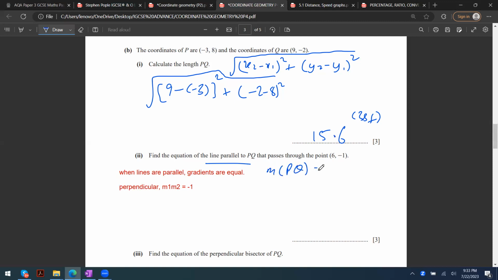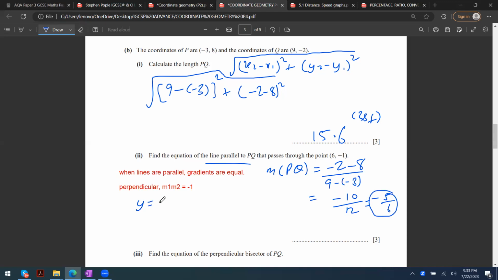Gradient of PQ: minus 2 minus 8 over 9 minus minus 3. Minus 5 over 6 is the gradient, and it passes through this point.